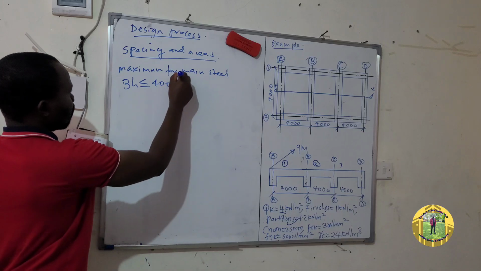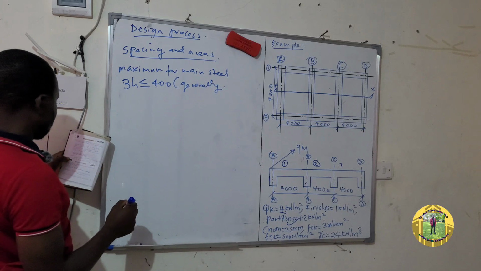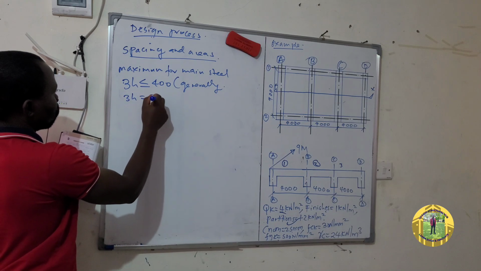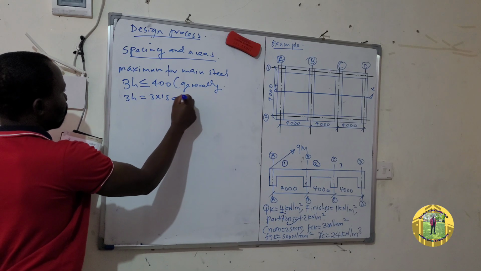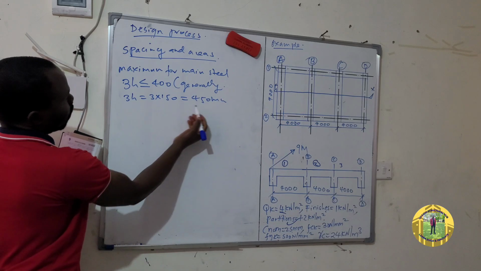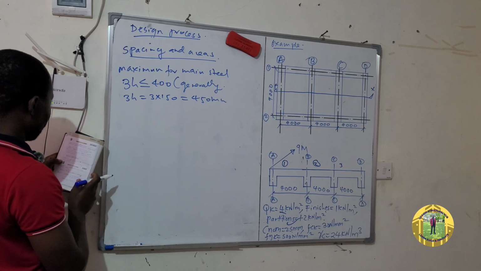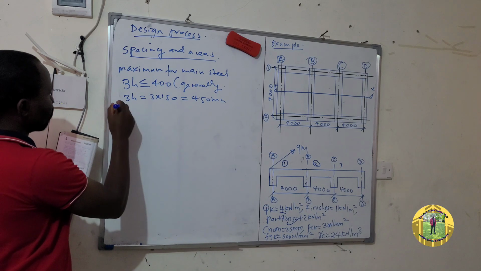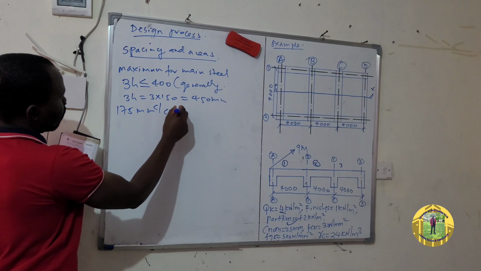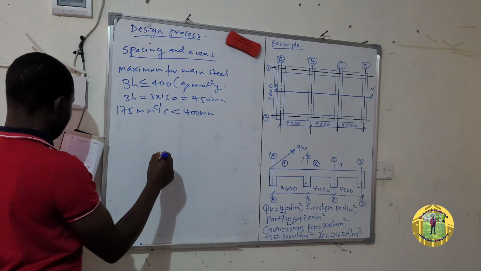So 3H is equal to 3 times 150, which is 450 millimeters, and therefore 450 exceeds 400. So we'll use our maximum as 400 millimeters. Therefore, 175 millimeter center to center is less than 400 millimeters.